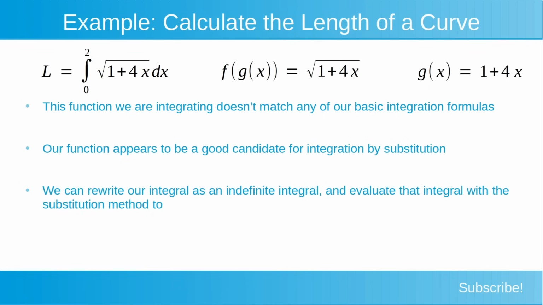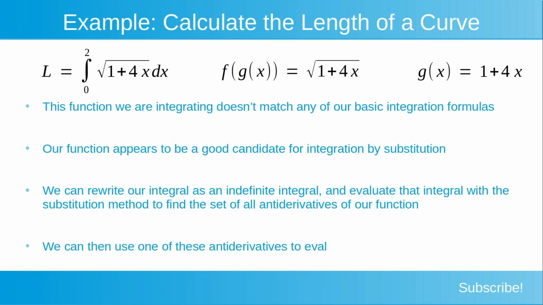We can rewrite our integral as an indefinite integral and evaluate that integral with the substitution method to find the set of all antiderivatives of our function. We can then use one of these antiderivatives to evaluate the definite integral of the function.